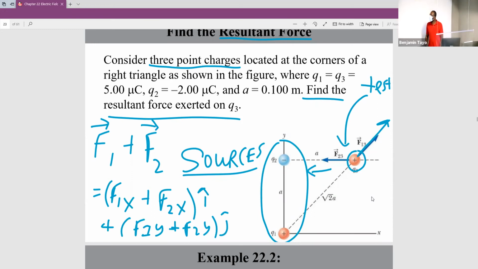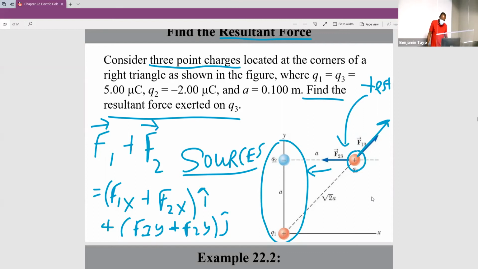I think this is something we've seen in PSE1. So you take F1 and write it into F1x and F1y, then take F2 and write it into F2x and F2y, and then you can add up those components.